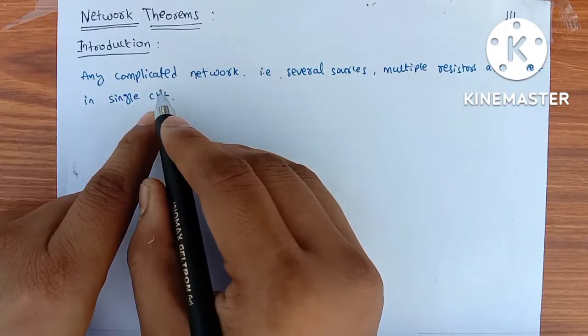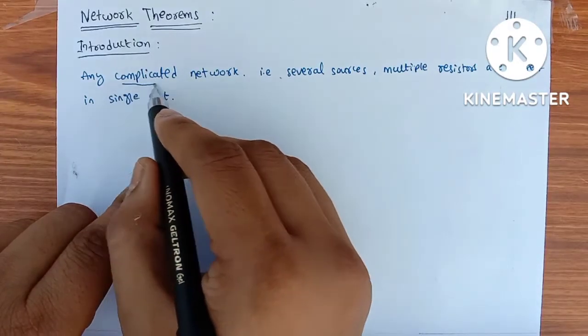Then the circuit or network is known as a complicated network.